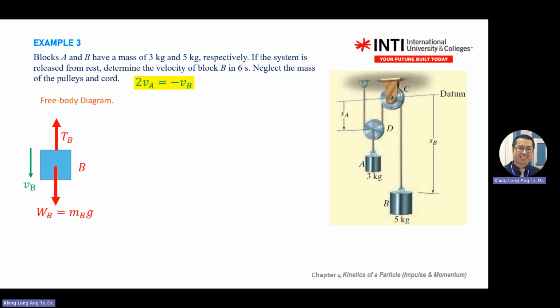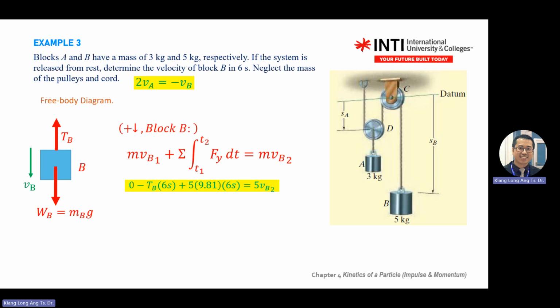You go for B. This is A, then you go to B. Just beside the diagram, you write the linear equation again. mVB1 plus sum of F dt equals mVB2. Released from rest, so VB1 is 0. TB you don't know, you continue to write TB.